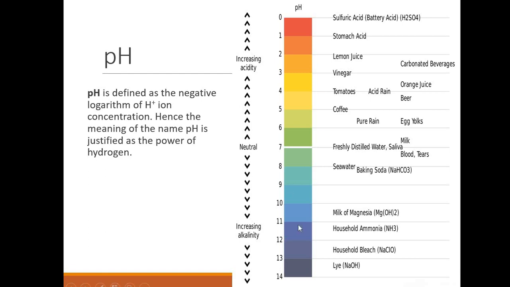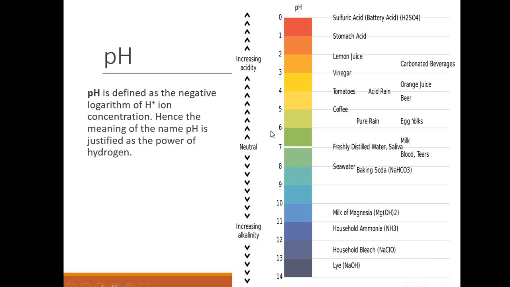As we move down here, pH 11 is for milk of magnesia. It indicates that pH values 11, 12, 13, 14 are highly basic solutions, meaning they have more amount of hydroxide ions.